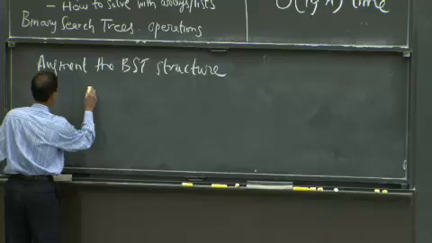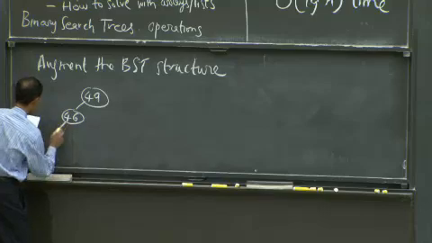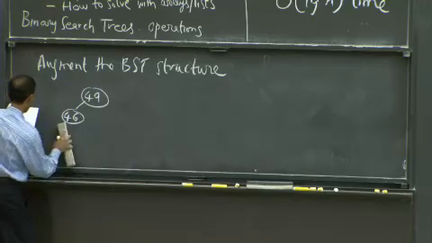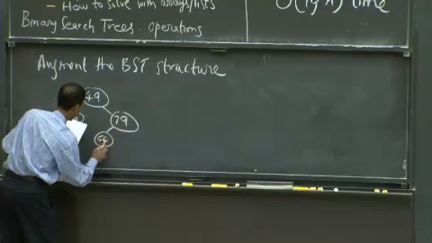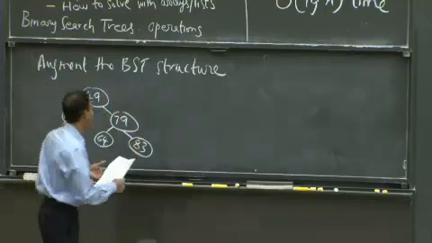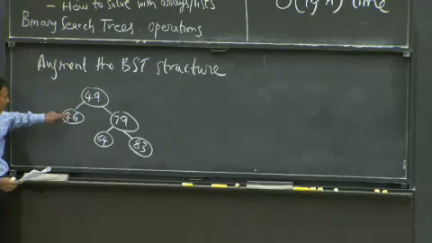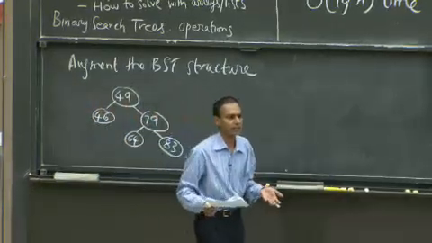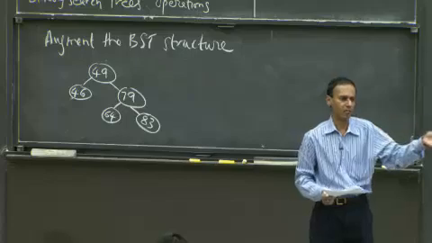So in particular, let's say that I have 49, 46 for now. And over here, I have 79, 64, and 83. Okay? I'm going to have an extra number associated with each of these nodes, and I'm just going to write that number on the outside of the node. You can just imagine that now the key value has two numbers associated with it, the thing that I write inside the node and what I write outside of it.